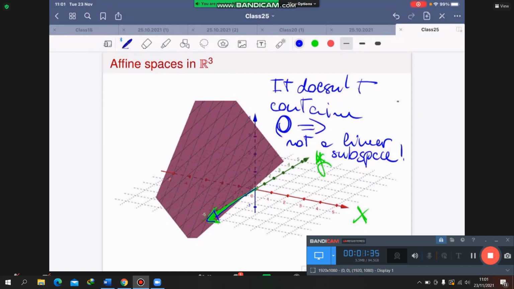So the analysis of these, more than those, affine spaces reduces to the analysis of translations of linear subspaces, meaning of linear subspaces at the end.